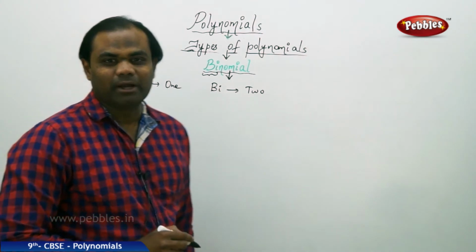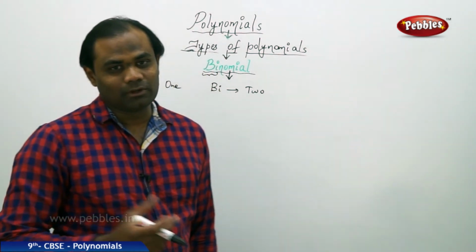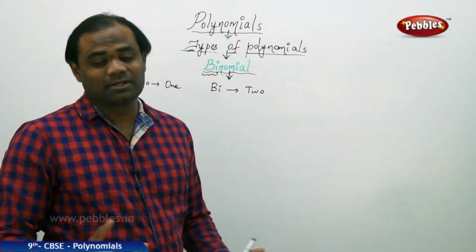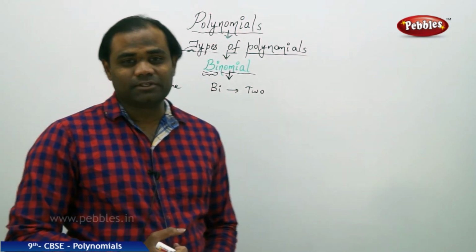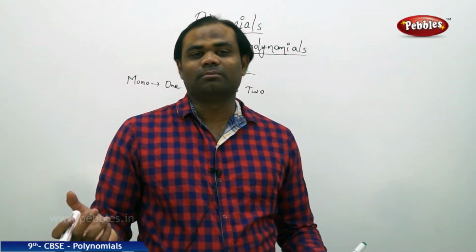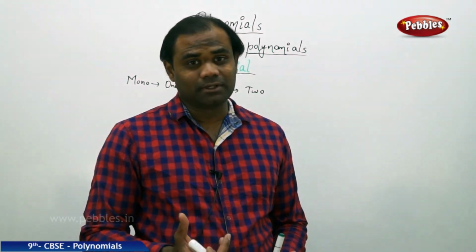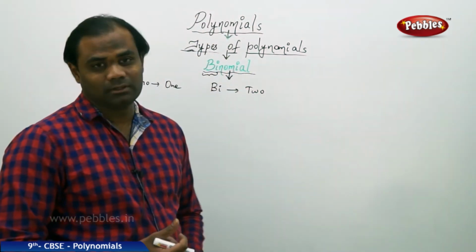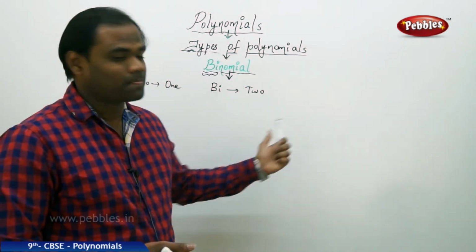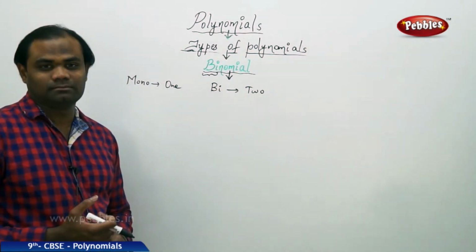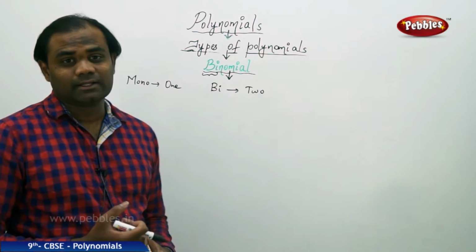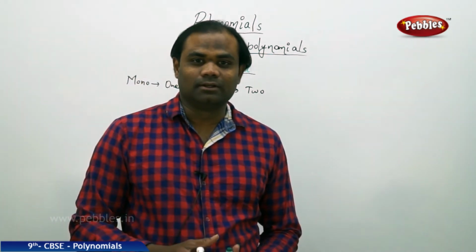And therefore, binomial refers to a polynomial of 2 terms. It's very simple: a polynomial which has one term is a monomial, and a polynomial which has 2 terms in its expression is called a binomial. Bi refers to 2 and mono refers to 1.